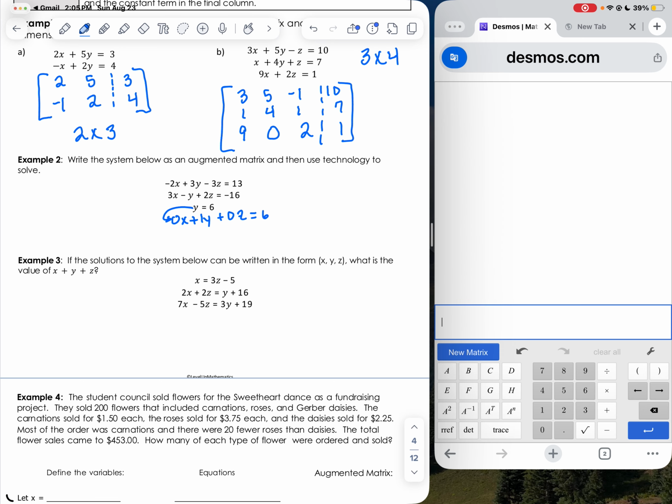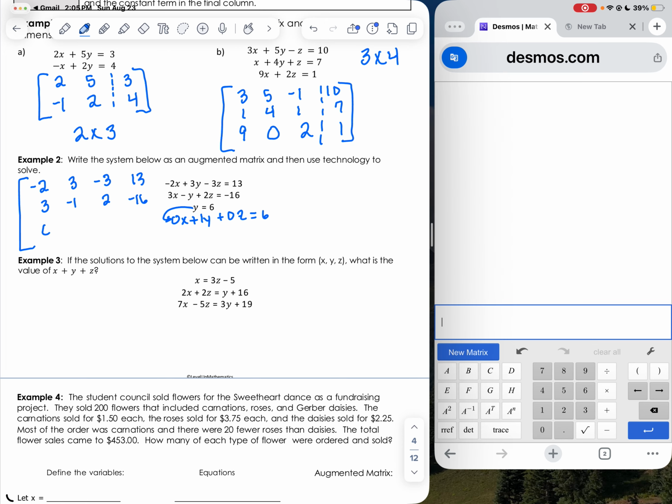All right, now we're going to write our augmented matrix. For the top row, my coefficients are -2, 3, and -3, and my constant term, 13. For my second row, my coefficients are 3, -1, 2, and a constant term of -16.